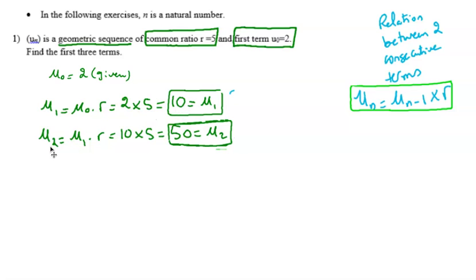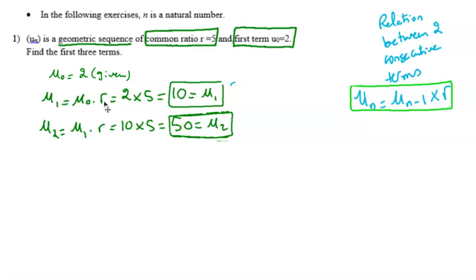And u2 is equal to u1, the previous term, multiplied by the common ratio r. Then the answer is 10 times 5, which is 50. This is how we calculate consecutive terms in a geometric sequence.